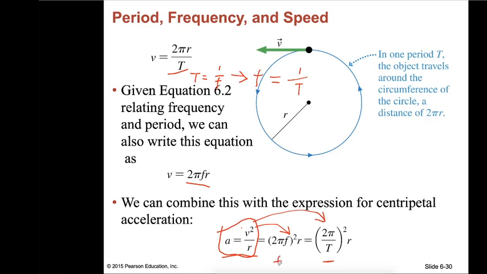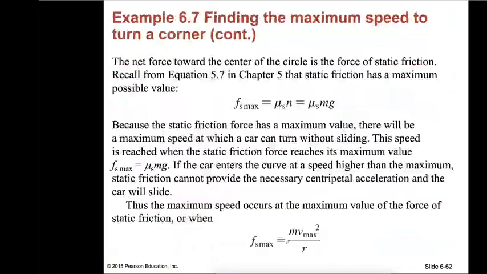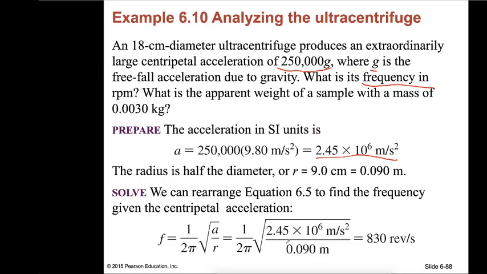So f and a have a relationship like that. Using this equation, if you know acceleration and you know radius, you can calculate f. f equals 1 over 2 pi times the square root of a over r.